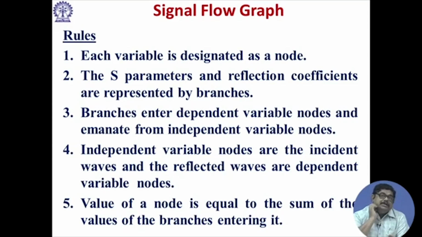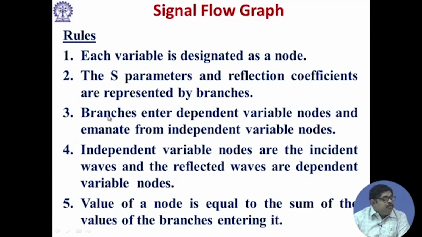So, those are designated as a node in a signal flow graph. The S parameters and reflection coefficients are represented by branches. So, any S parameter or reflection coefficient should be represented by a branch. Branches enter a dependent variable node and emanate from independent variable nodes.